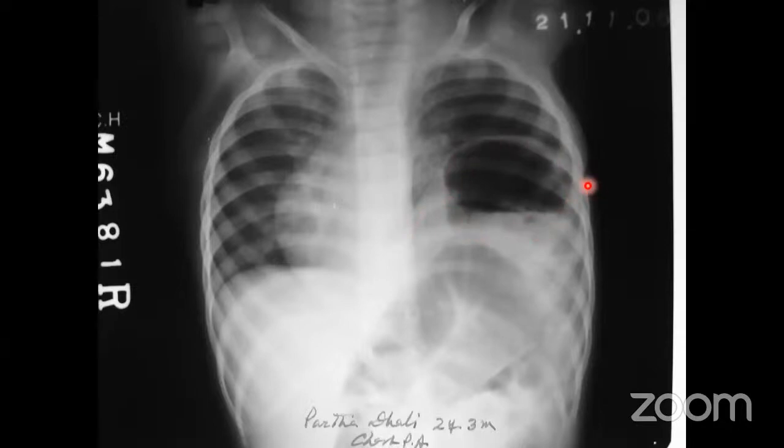But I must sensitize you about the diagnosis of diaphragmatic palsy or diaphragmatic weakness and eventrations. In diaphragmatic palsy, the whole diaphragm gets involved, the whole hemidiaphragm or bilateral also. But in eventration, only a part of the diaphragm gets affected, not the whole.